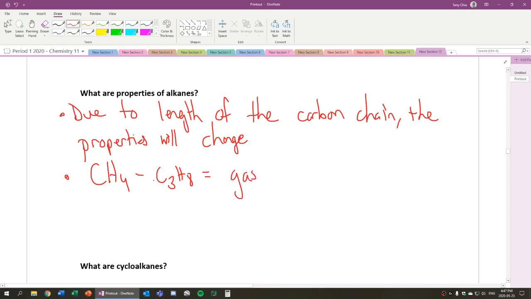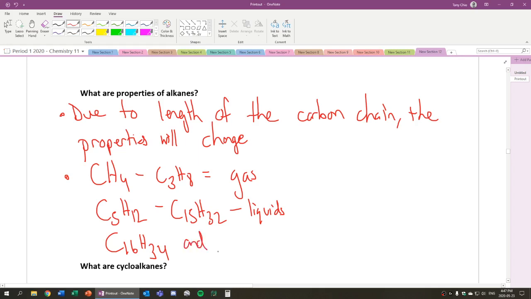So methane, ethane, and propane are gases. C5H12 all the way up to C15H32, these are liquids. The last one is anything C16H34 and greater, which will be solids. Like, for example, fats and other types of organic compounds are that long.